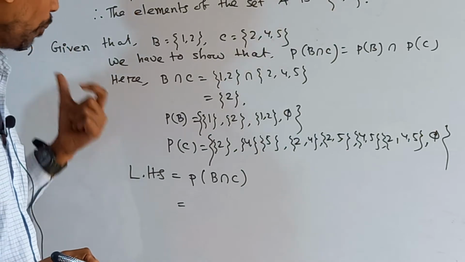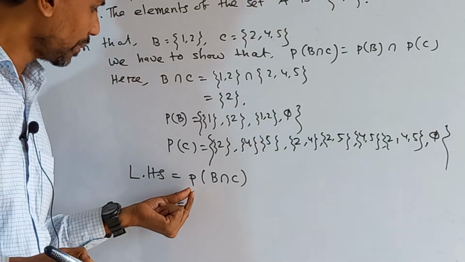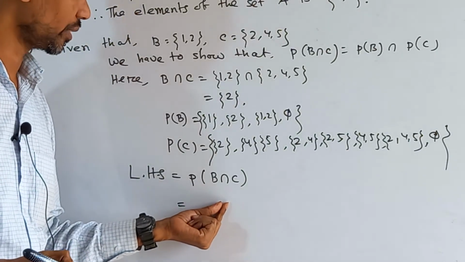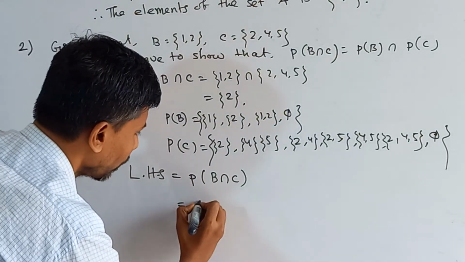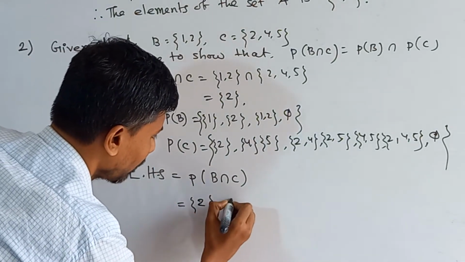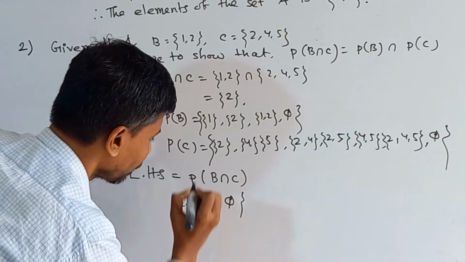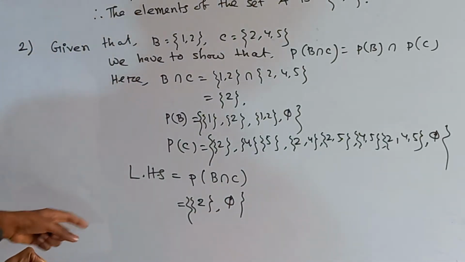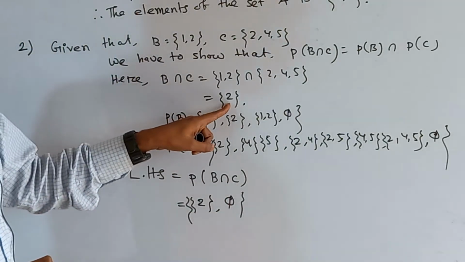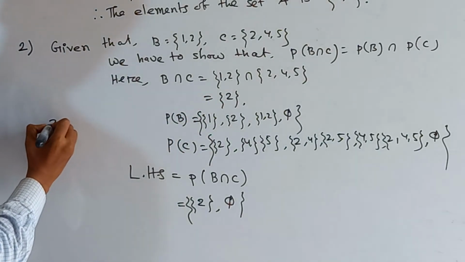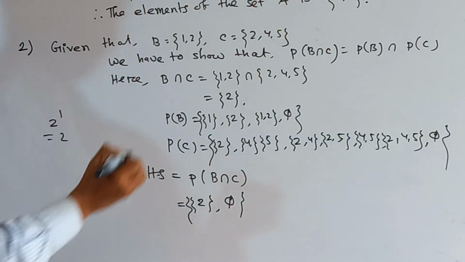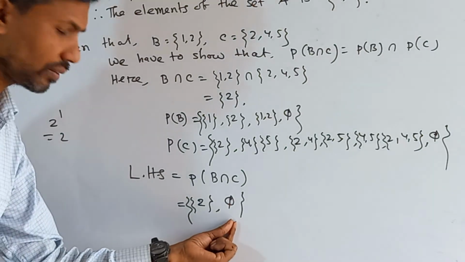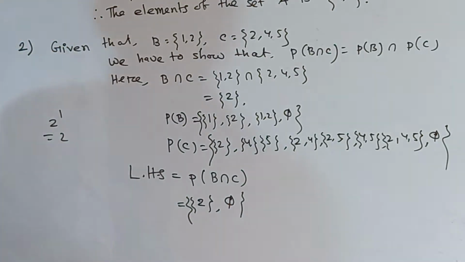So what is the power set of B intersection C? It is {2} and the empty set only, because here the number of elements is 1, and 2 to the power 1 is 2. So the number of subsets will be 2: {2} and the empty set only. Now, the right hand side.